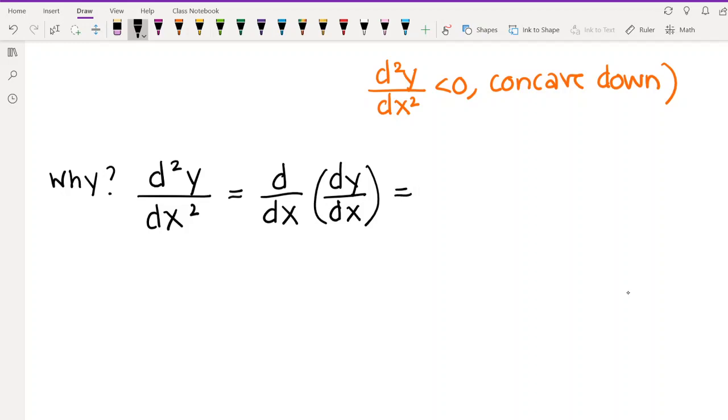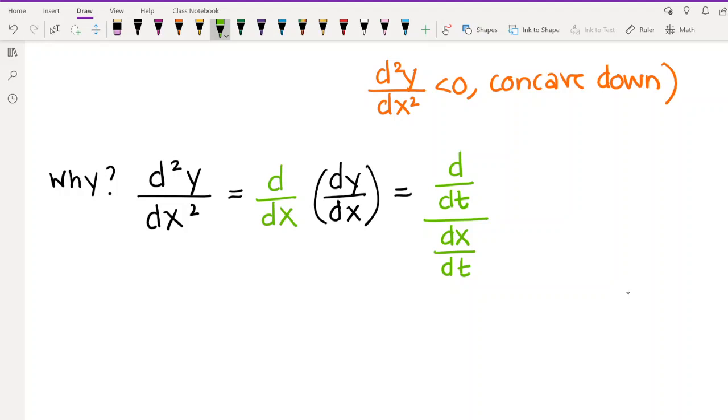And so from here we can expand, right? We can expand this d/dx part. So what's another way of writing d/dx? And let me maybe use another color here to emphasize this. So if you have d/dx, you can rewrite that as d/dt over dx/dt. So why can you rewrite it that way?